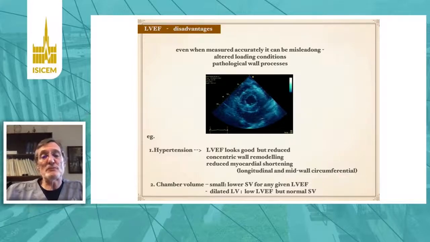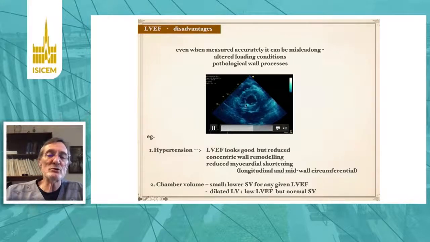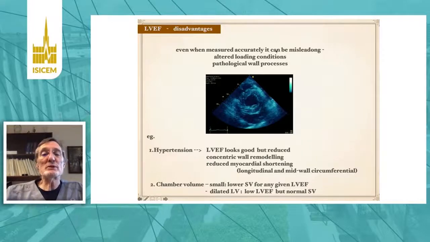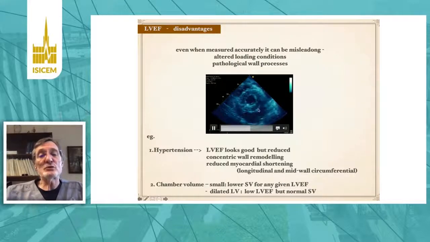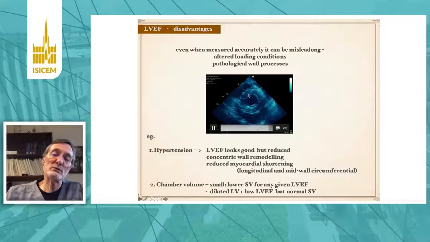Now, even if you measure it accurately and you've got good endocardial border delineation, it can be quite misleading. For example, here's a left ventricle in cross-section, and you can see there's really marked left ventricular wall hypertrophy. That's about 20 millimeters in thickness, the normal being up to 11 millimeters.